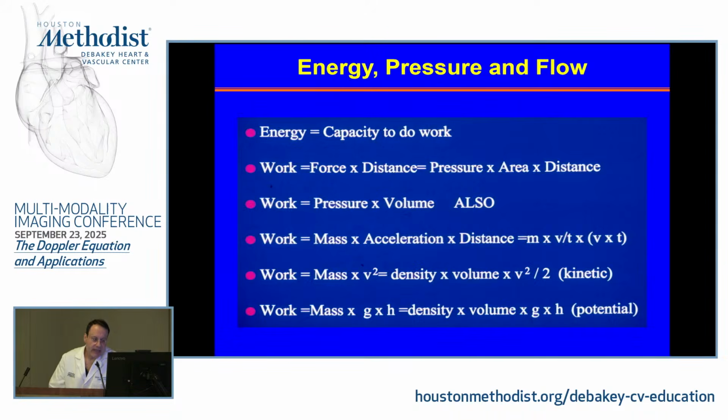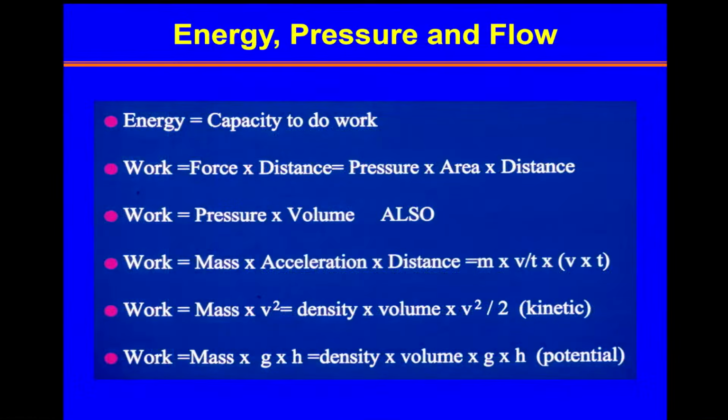We can say the work is also given by mass multiplied by acceleration multiplied by distance. This is the force times distance. Force is mass times acceleration. And acceleration is velocity over time, and distance is velocity multiplied by time, which means this expression reduces to mass multiplied by the velocity squared.